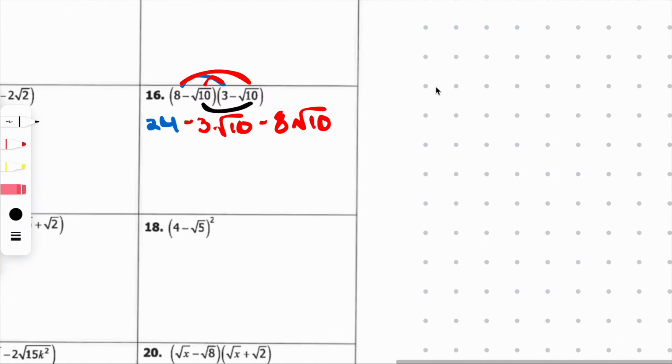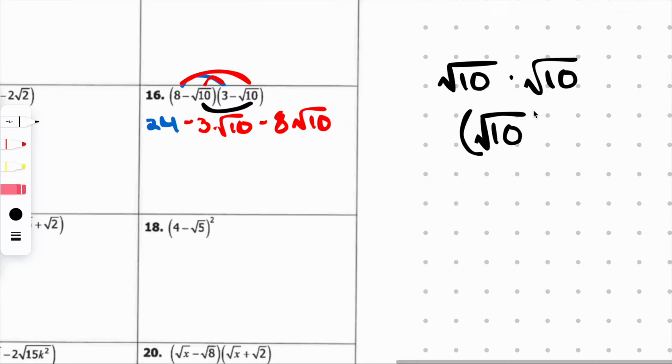Now, if I just said root 10 times root 10, let's start with that. Well, we can think of it in two ways. One, we can think of it as root 10 squared, since we're multiplying it by itself. And the square root and the square are sort of canceling each other out.